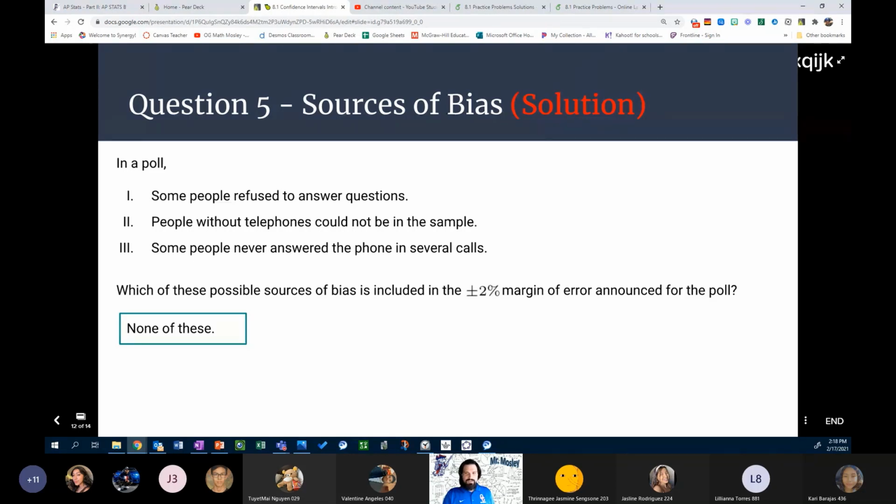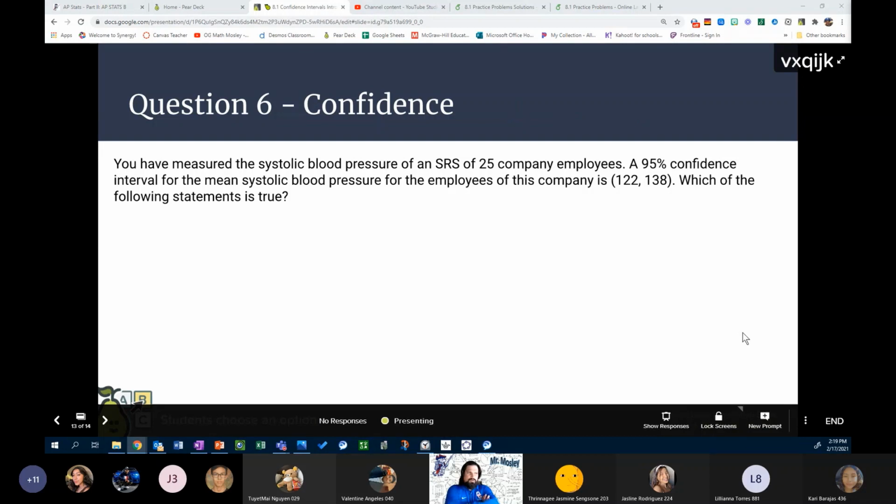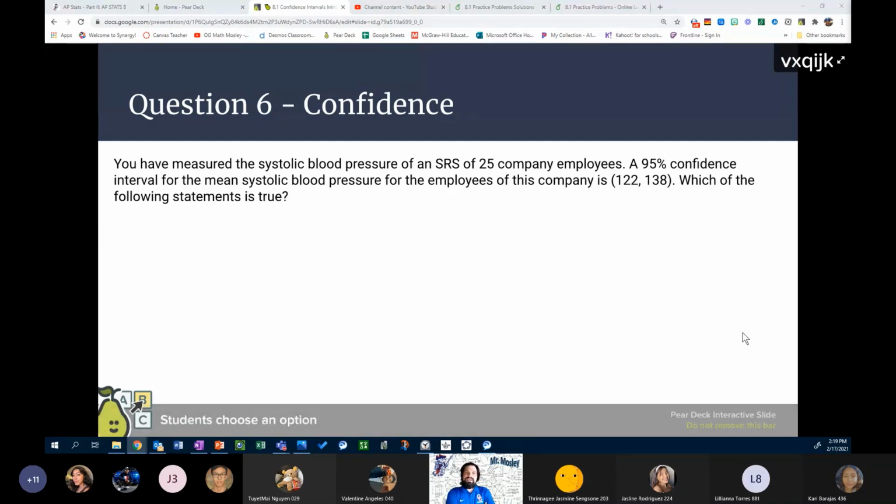Is there anything I can clarify on this one before we go to the next question? So you have measured the systolic blood pressure of an SRS of 25 company employees. A 95% confidence interval for the mean systolic blood pressure for the employees of this company is from 122 to 138.